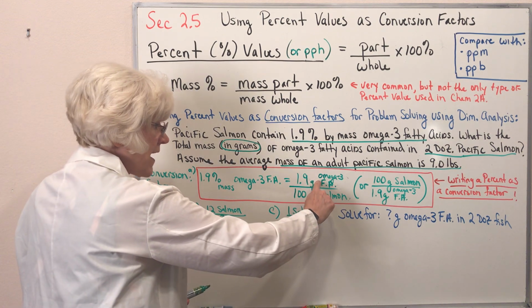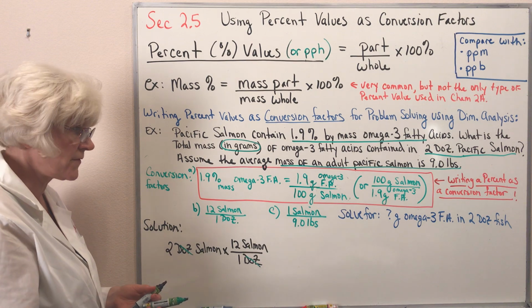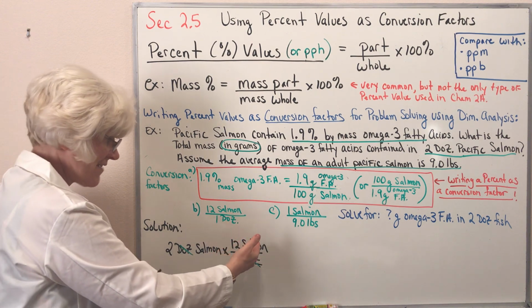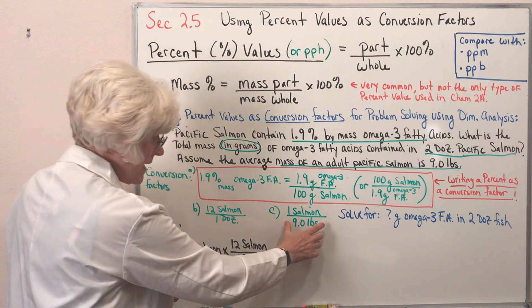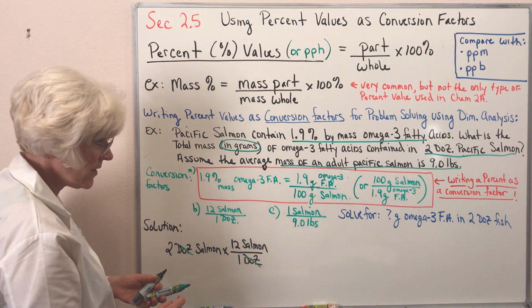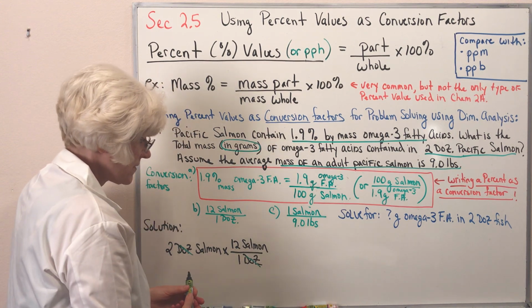Well, omega-3 fatty acid is related to grams of salmon, not total number of salmon. So I'm going to have to get from salmon count to mass of salmon. Here is a relationship I can use. 1 salmon has a mass of 9 pounds.